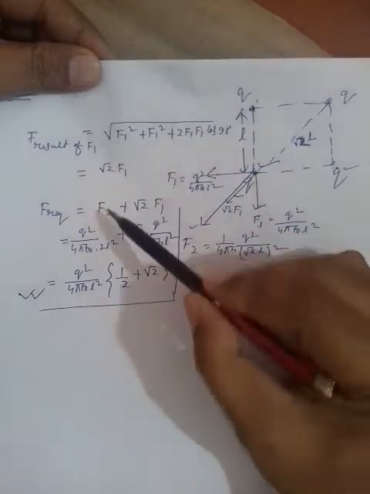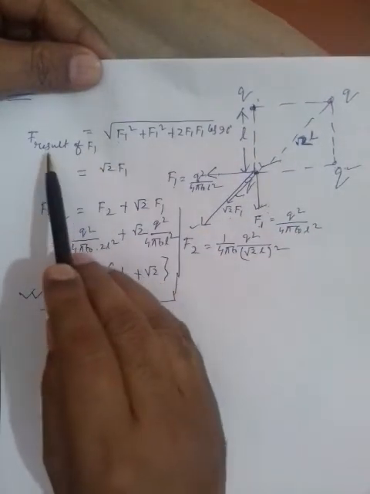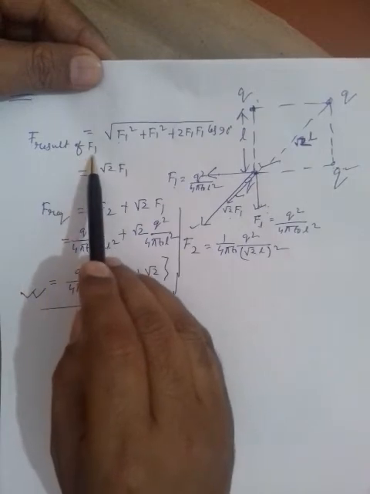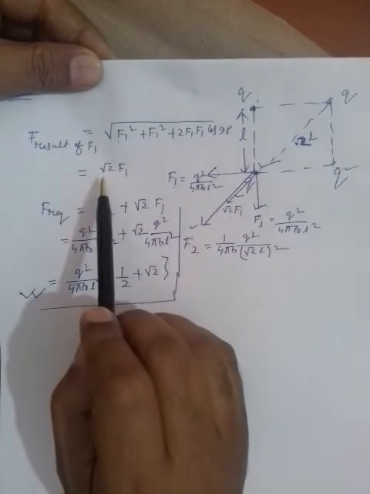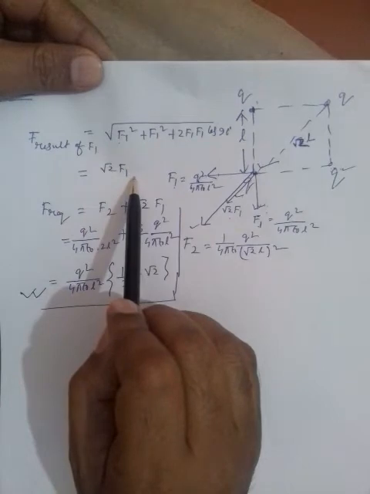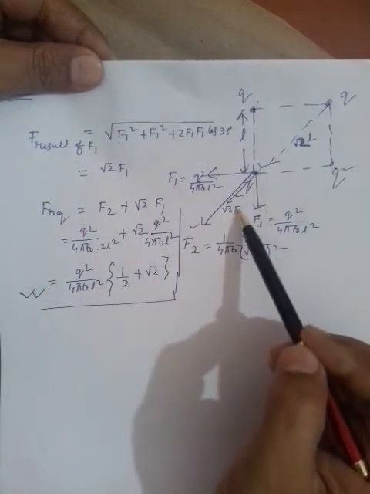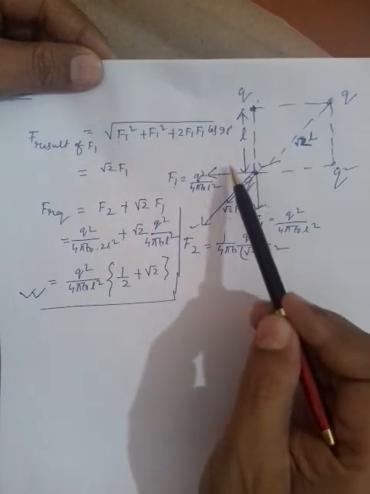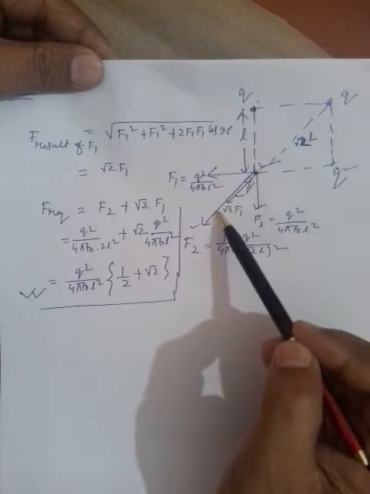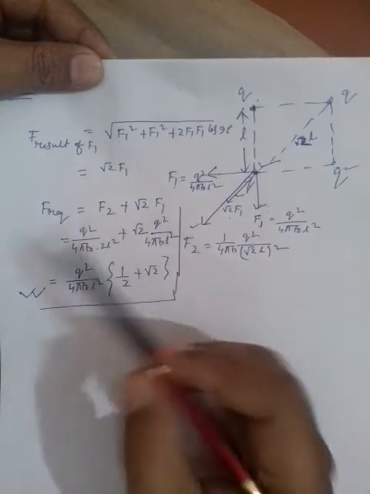Their resultant is calculated as root 2 F1. That root 2 F1 passes to the middle because these two are equal, and it is in the same direction as F2, so they are added directly.